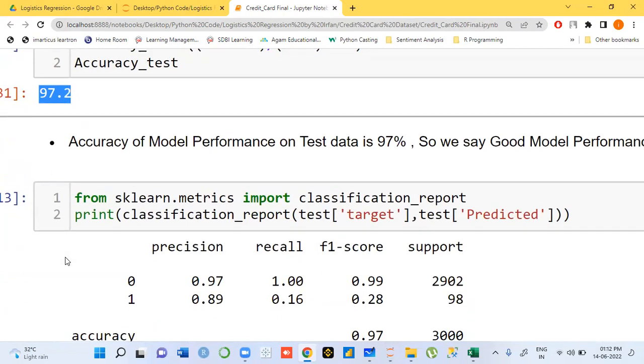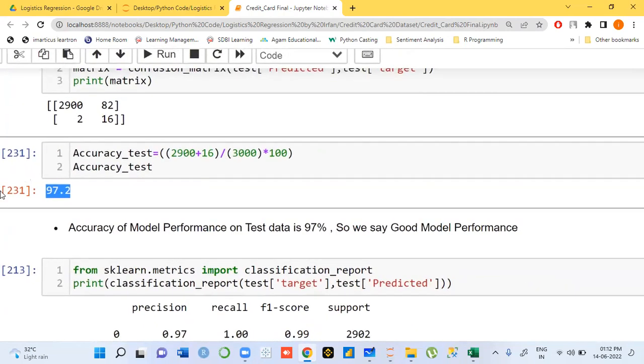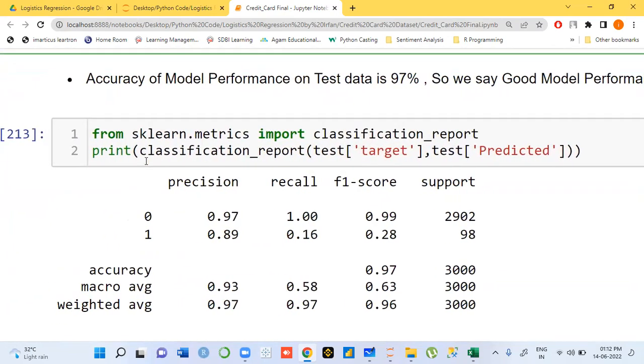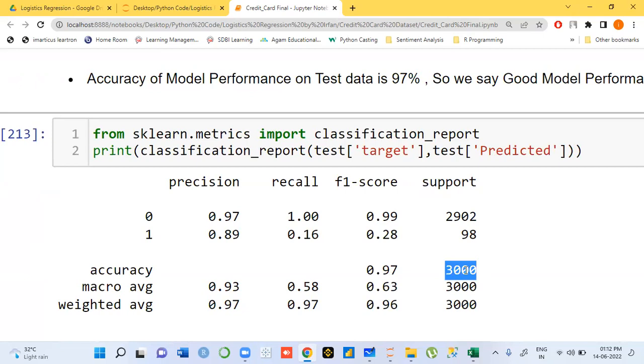Let's check. We did this on test data. Next guys, this one. Total how many rows we have in test, guys? How many bad we have? How many good? What is accuracy?